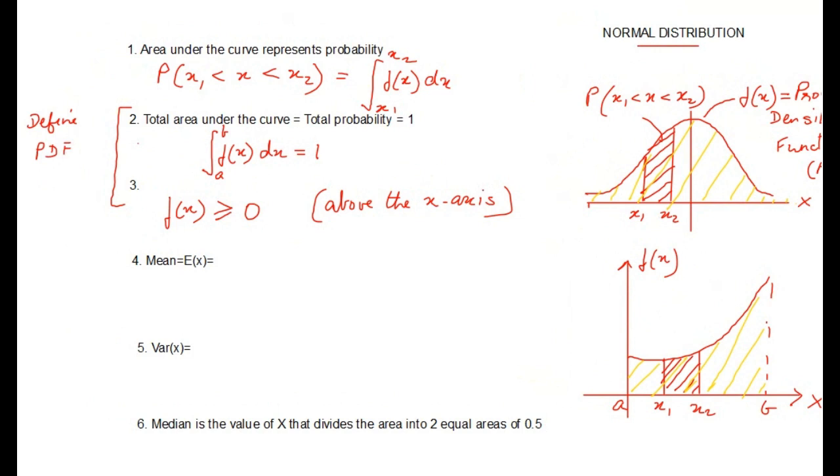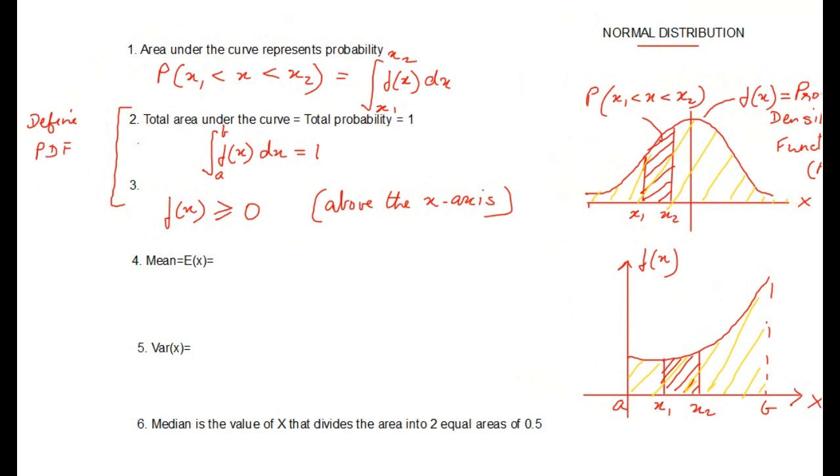So if you want to prove that something could be a probability density function, you have to prove these two. One, that the total area under the curve is equal to 1. You can do that by integration. And second, that the curve is entirely above the x-axis. f of x is always greater than or equal to 0.